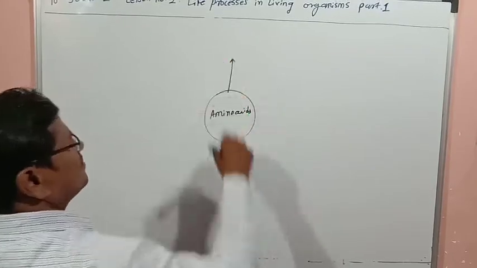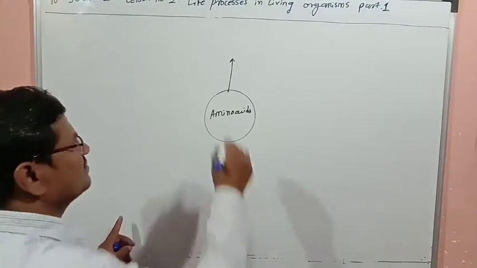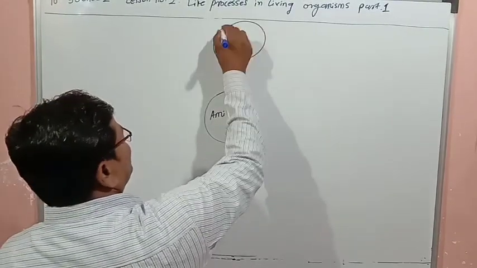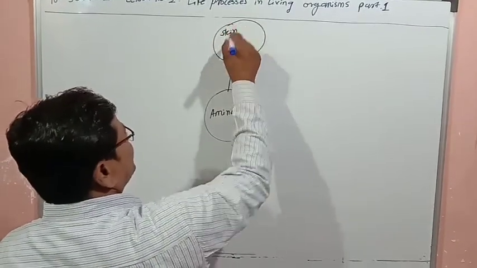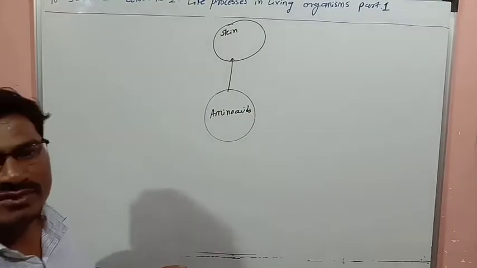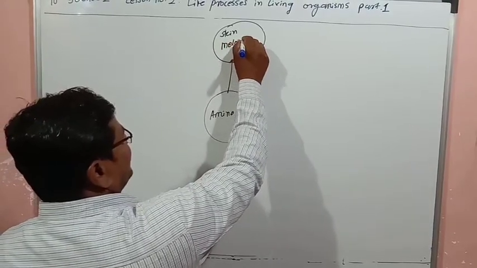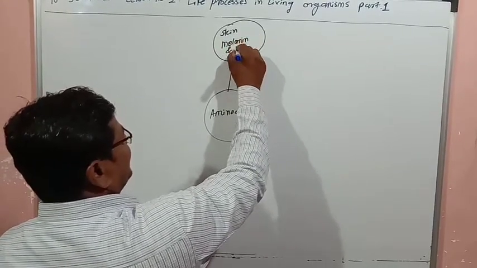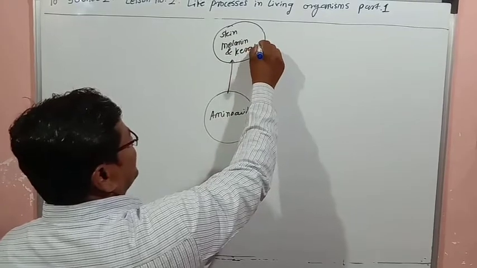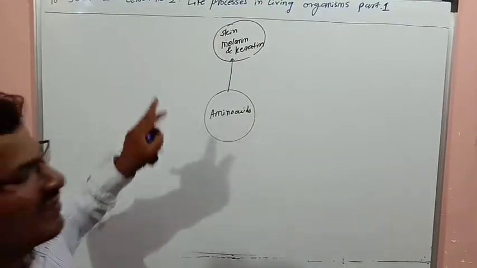Suppose you look at the skin. In skin, two types of proteins are there: melanin and keratin. These two proteins are present in the skin.